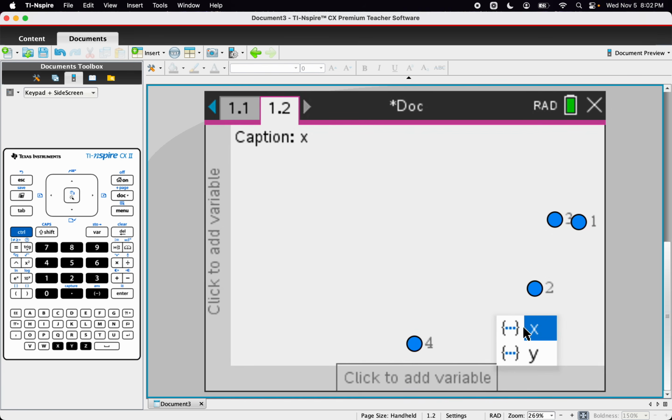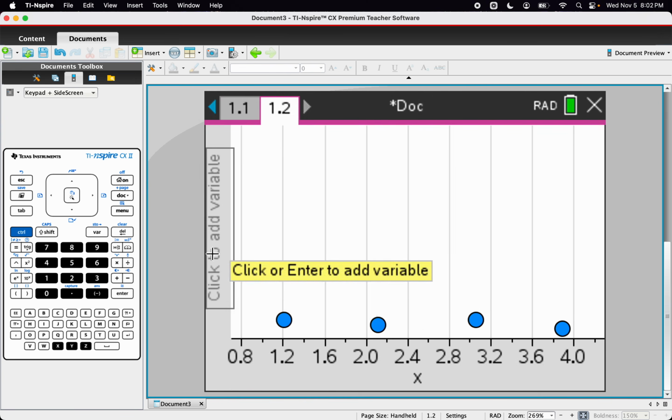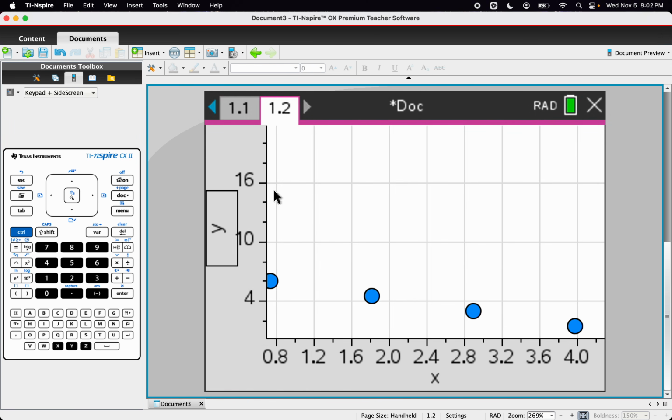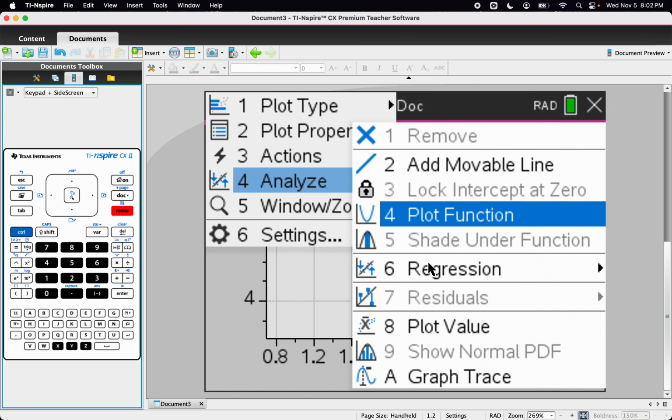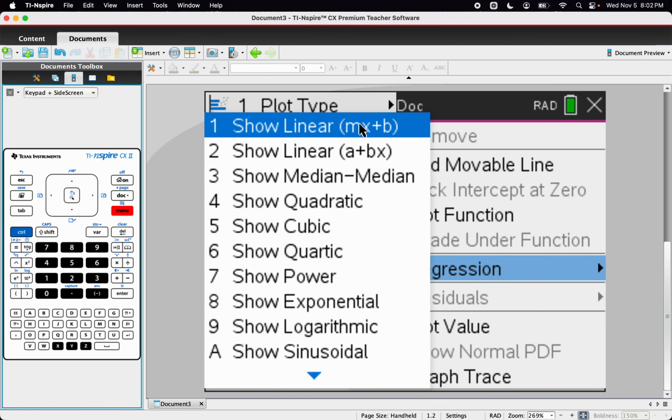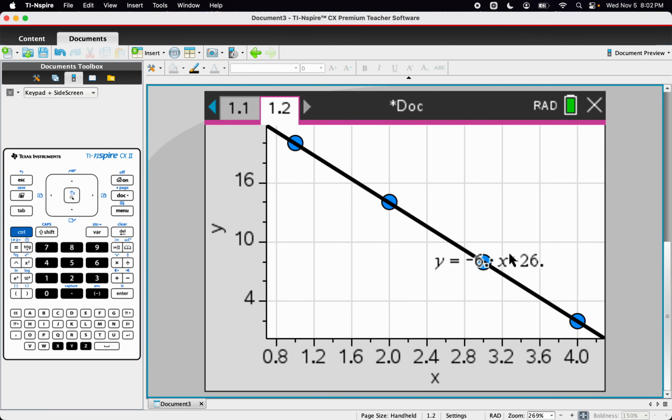On the bottom we have the x-axis, on the side we have the y-axis. And it is negative, it's going down. So menu, analyze, regression, and then the first one, show linear mx plus b. And there you go. This is the equation. y equals negative 6x plus 26.